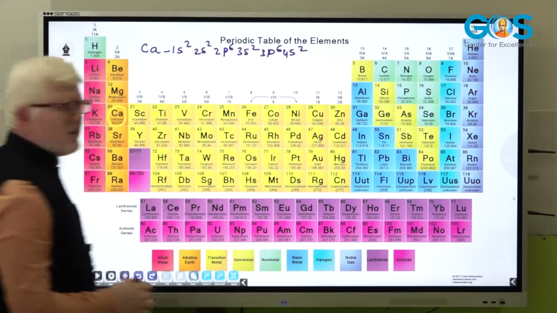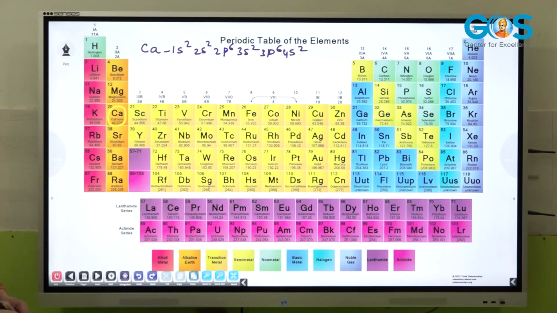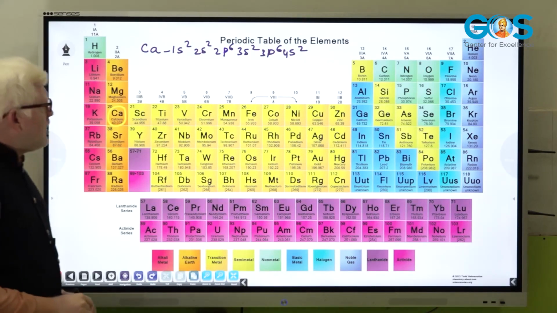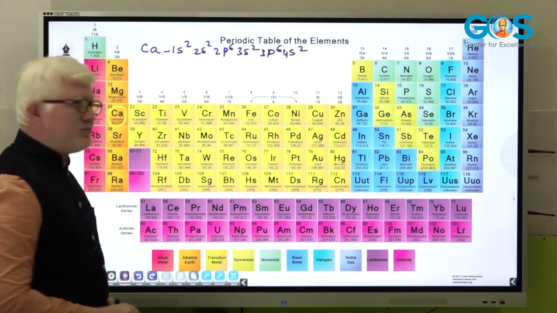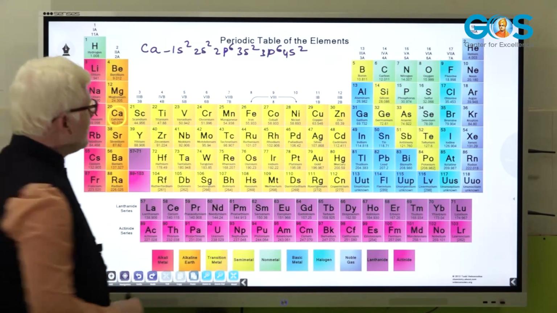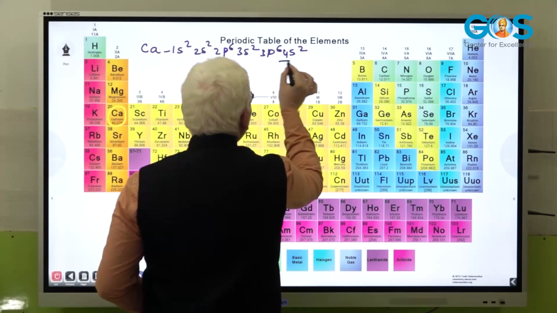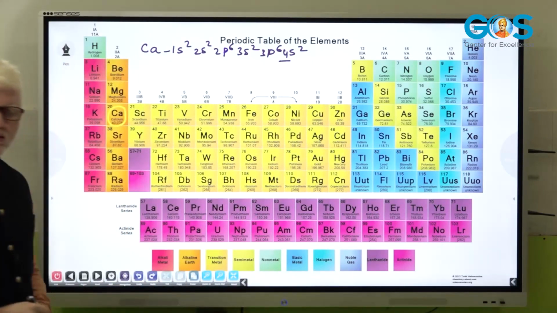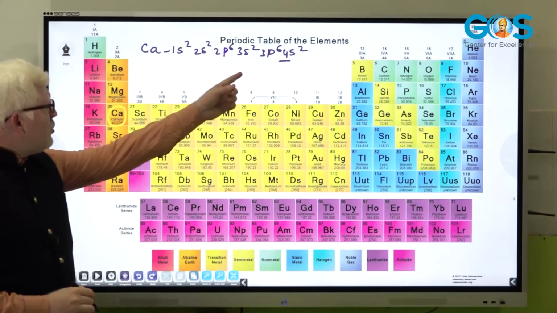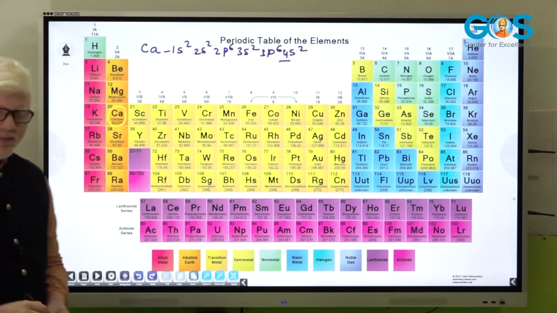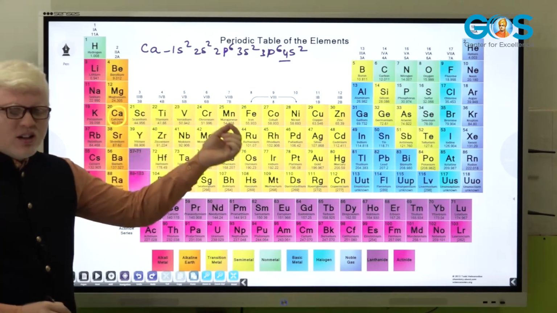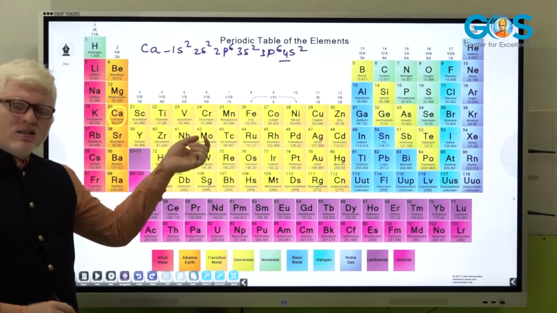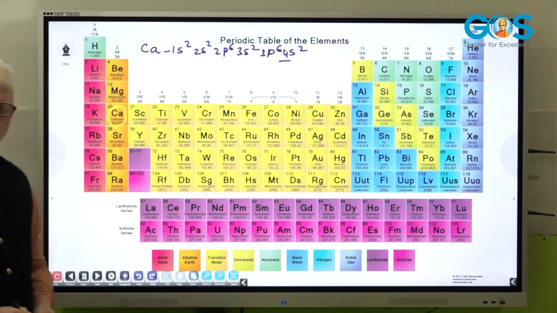Calcium has 20 electrons. Observe in which orbit the 20th electron is entering. Yes, the 20th electron is entering the 4th orbit, and the 4th orbit is the last orbit. In the calcium atom, the last electron is entering the last, highest orbit.